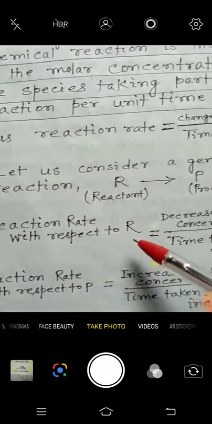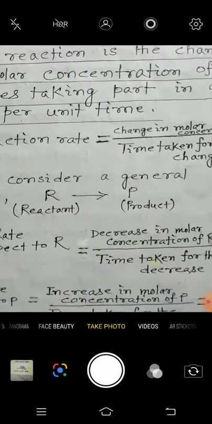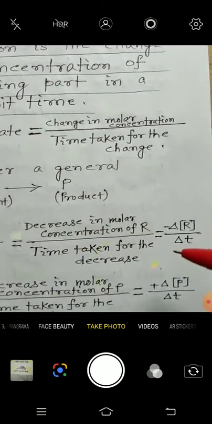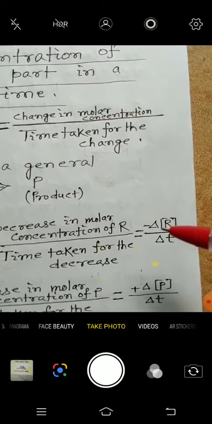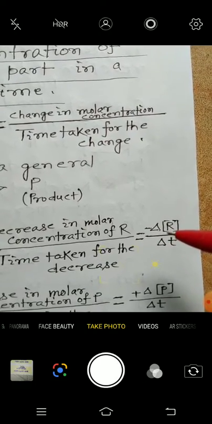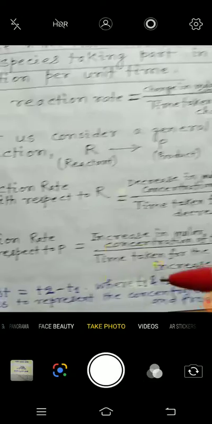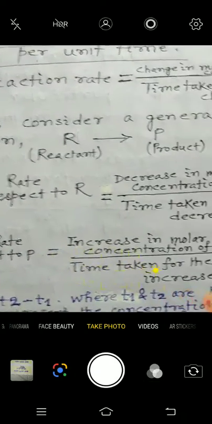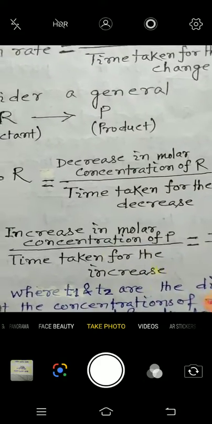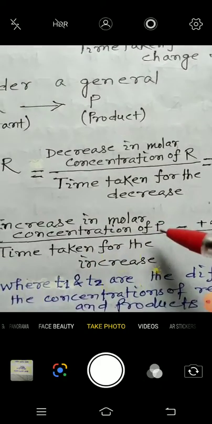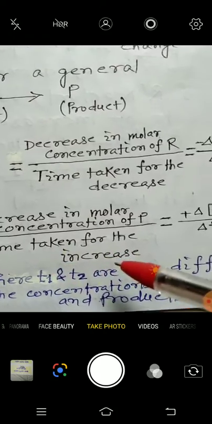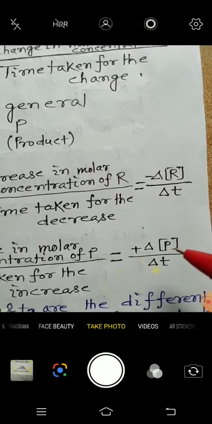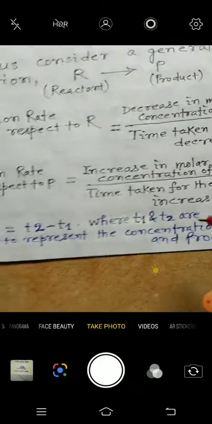Reaction rate with respect to R, decrease in molar concentration of R by time taken for the decrease, that is minus delta [R] by delta t, and reaction rate with respect to P, product, increase in molar concentration of P by time taken for the increase, that is plus delta [P] by delta t.